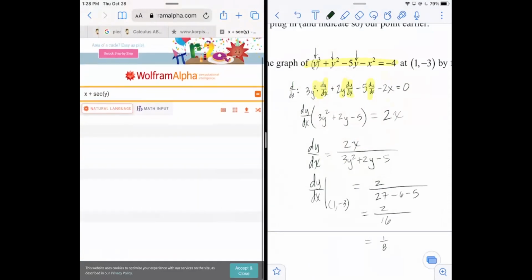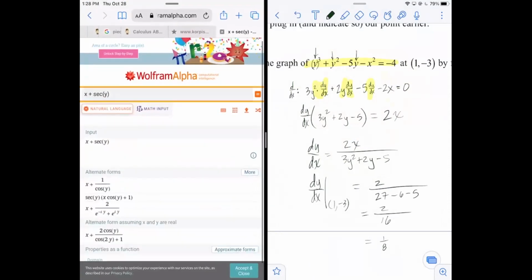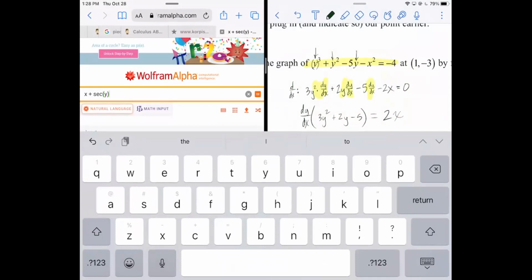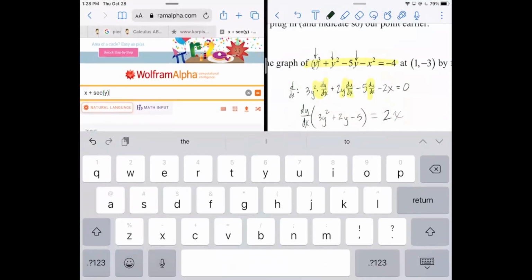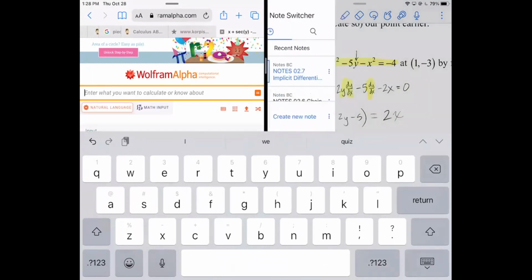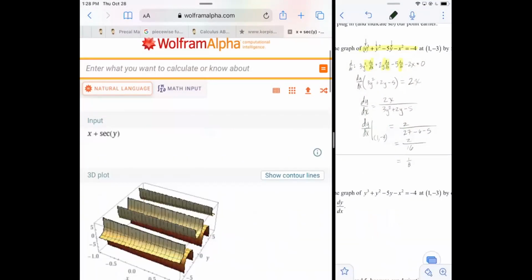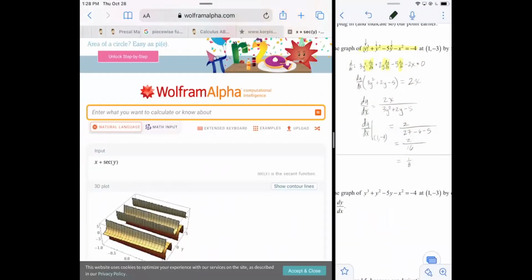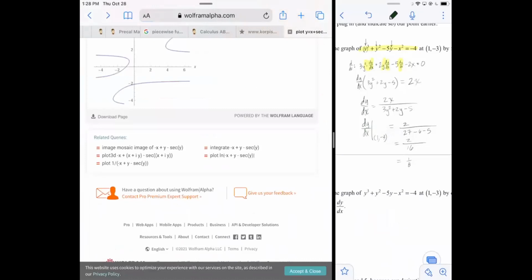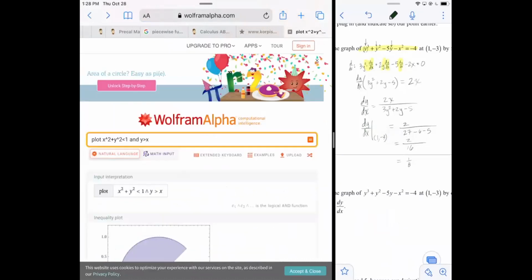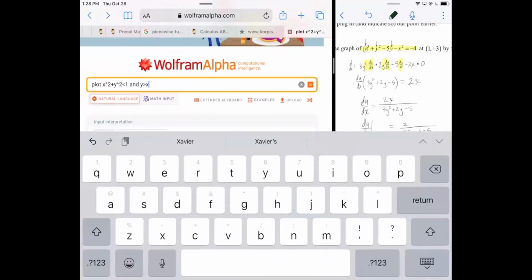Whoa, come back here, boy. Whoa, I'm getting all kinds of windows now. Input. No, I don't want that. Hang on. I got to go back. There we go. I want the plot box.